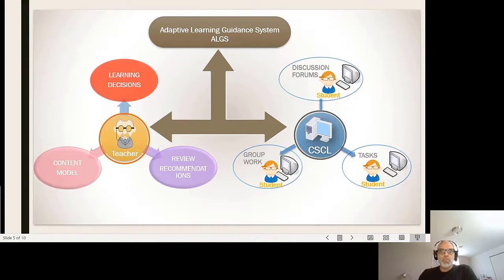So the adaptive guidance system has the teacher, who has a specific content model.